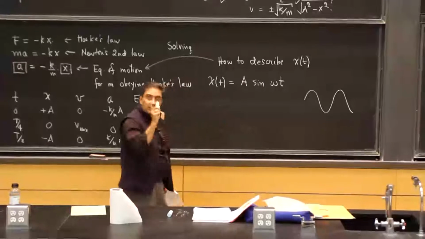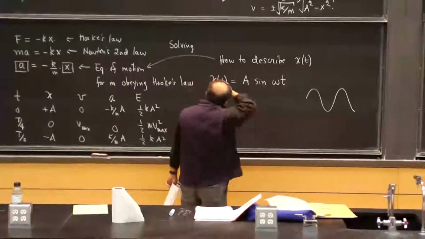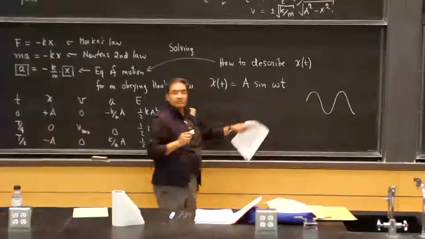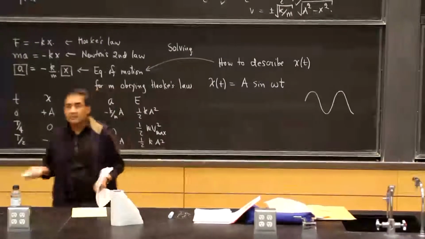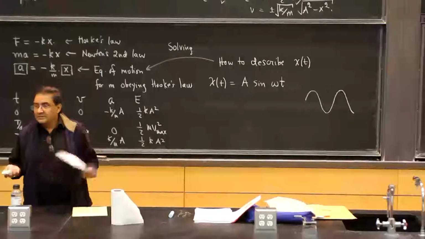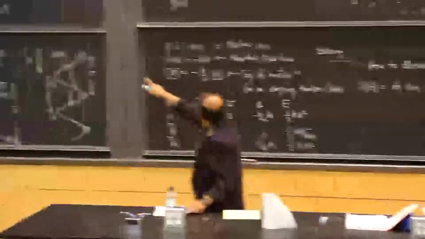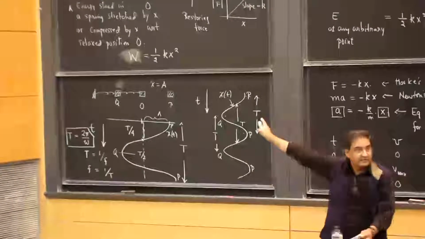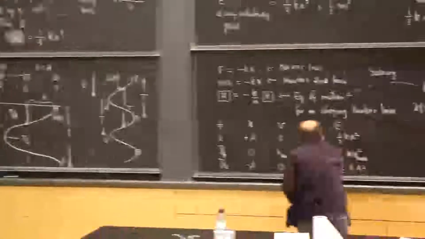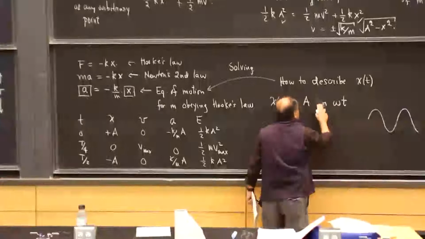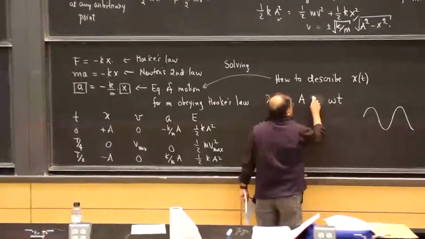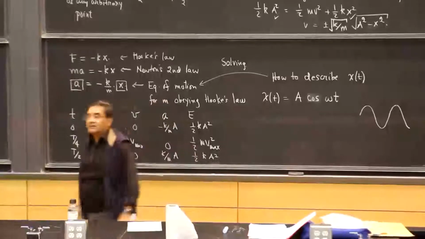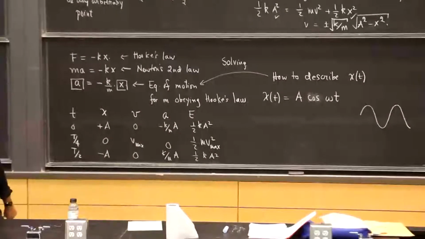So let's see if this works. In this case, this is not going to work because at t equal to 0, sine of 0 is 0, right? But at t equal to 0, what is your x? A. So this won't work. So what we'll do is, we'll take its cousin. And the cousin in this case is cosine, which is off from sine by a phase of 90 degrees.